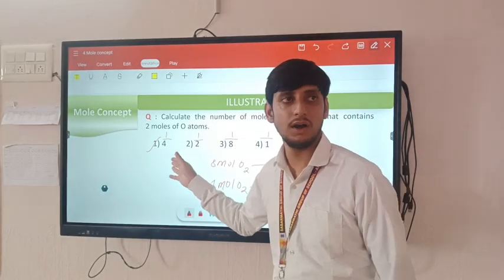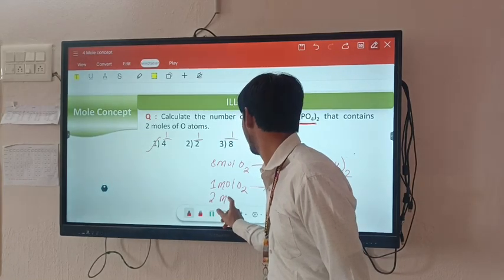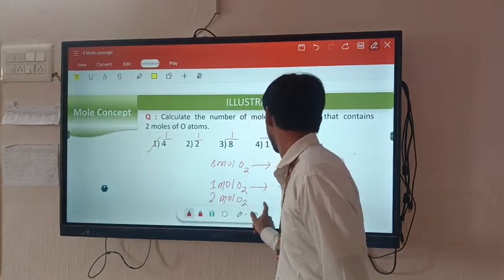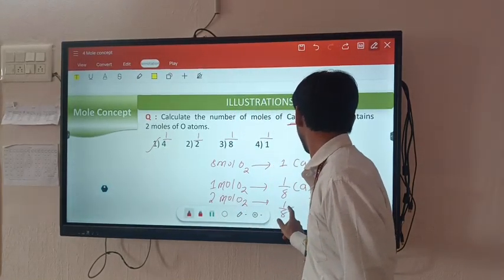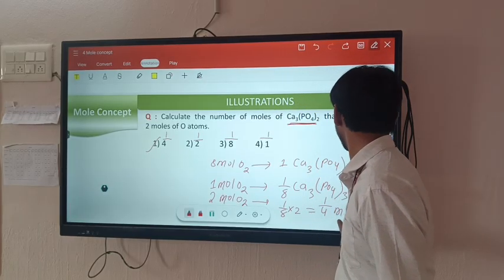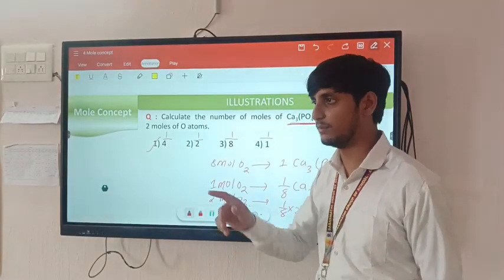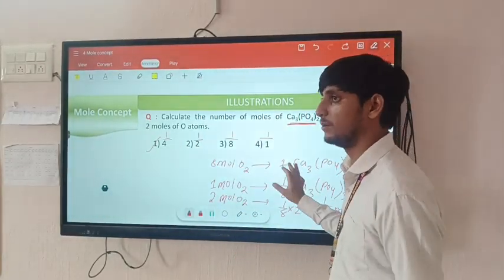The given amount is 2 moles of oxygen, so 1 by 8 multiplied by 2 means 1 by 4. Which option is correct? First. Understood, everyone? Boys, only the unitary method.